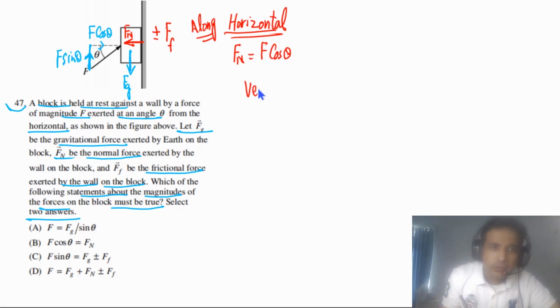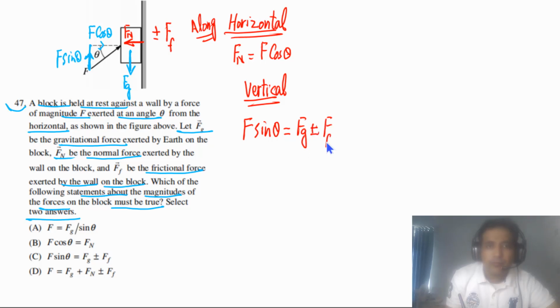And we can also resolve forces along vertical. So along vertical we have Fg, this is acting down. F sine of theta, this is acting up, and this one has to be equal to Fg plus minus force of friction.